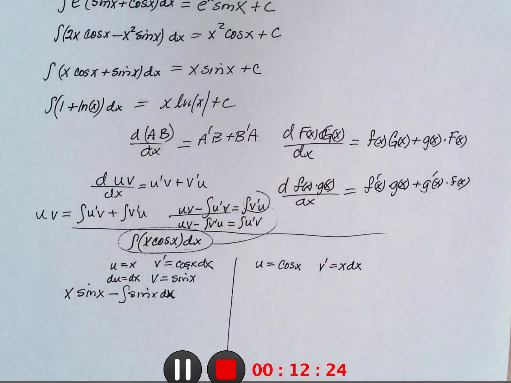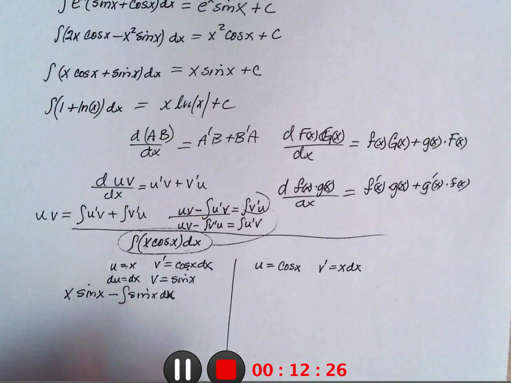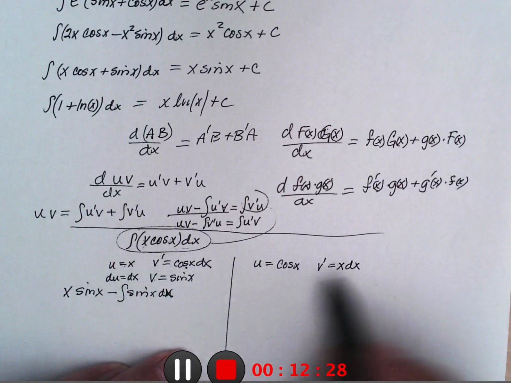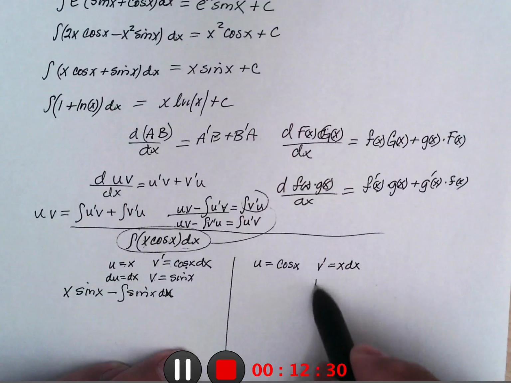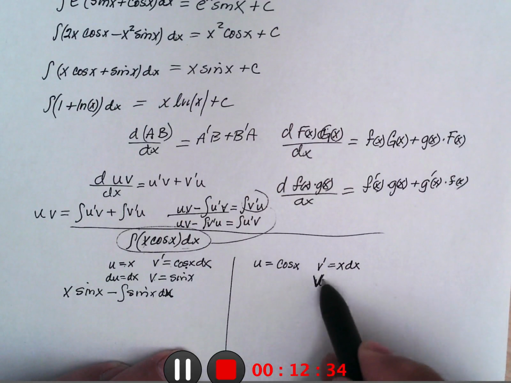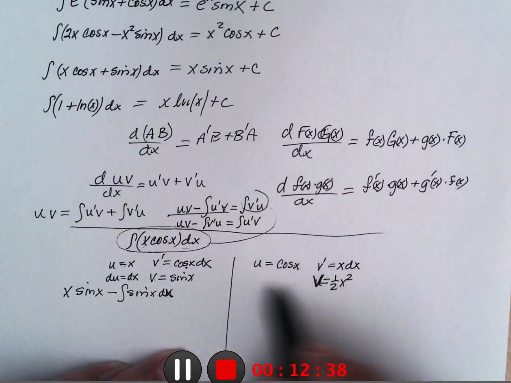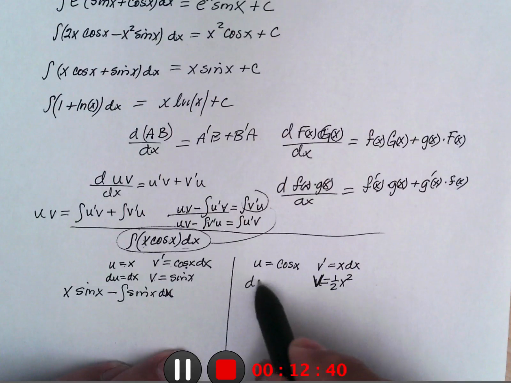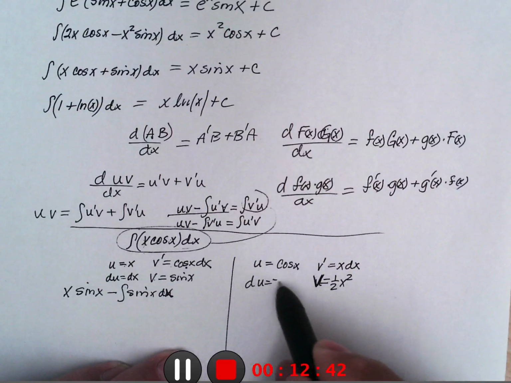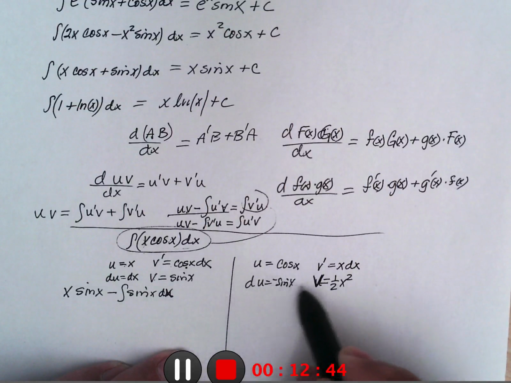So I either got to work with this, or if I switch them, I still need to know U and V. So V would be the antiderivative of this, which is 1/2 x squared. And the derivative of this, du, would equal the derivative of cosine. It's negative sine x dx.